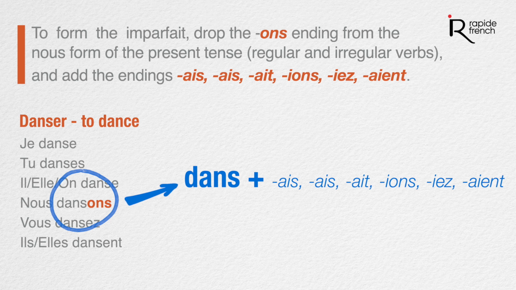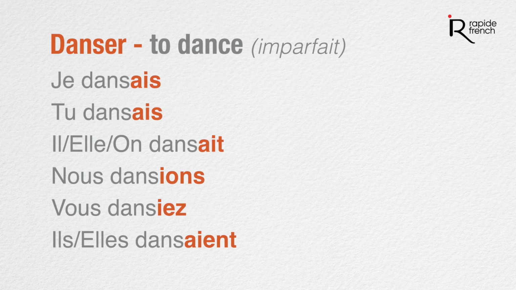Then the next thing is to simply add the imparfait endings. We have AIS for je, AIS for tu, AIT for il ou elle ou on, IONS for nous, IEZ for vous, and AIENT for ils ou elles.